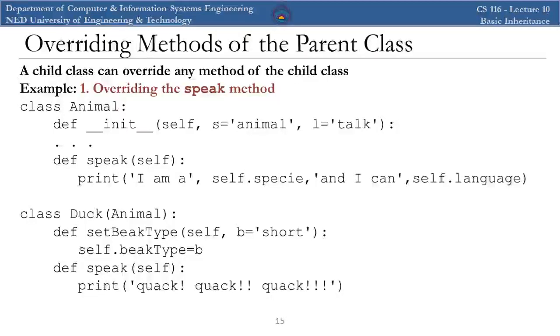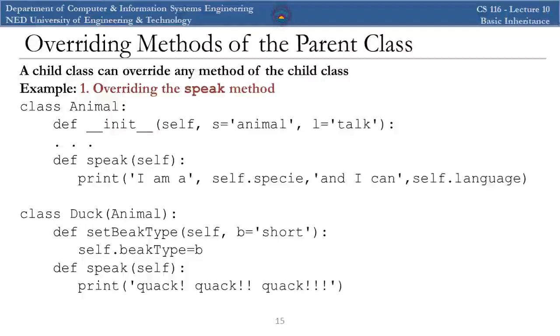One more thing that I would like to mention here is that while we were studying method overriding in lecture 3, we discussed that the method definition should be the same in both the classes. Like speak in animal should look exactly the same as speak in class duck, with the same name and the same number of parameters.